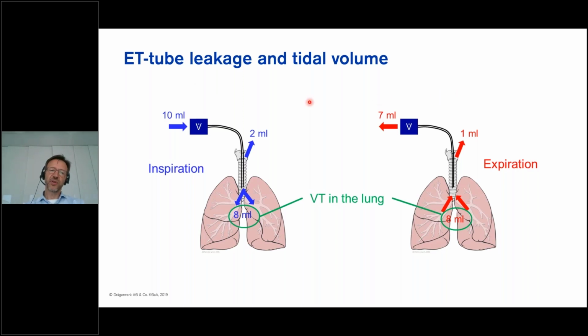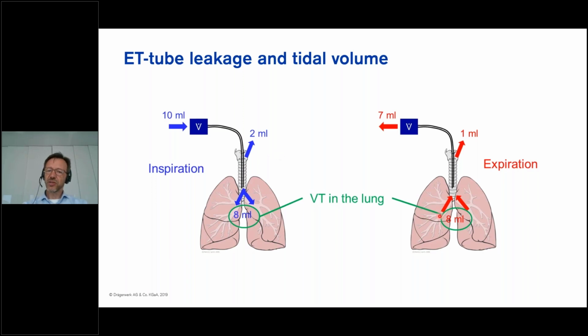What happens if you have an ET tube leakage is the following. During inspiration, the proximal flow measurement will measure an inspiratory tidal volume of 10 milliliters, but in reality only 8 milliliters are delivered to the lung. In this example, 2 milliliters escape during inspiration through the ET tube leak.